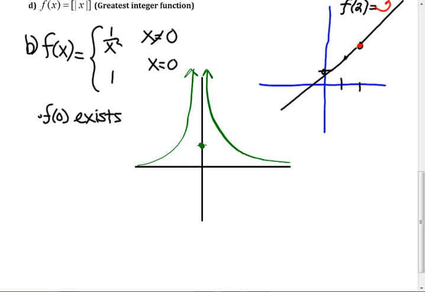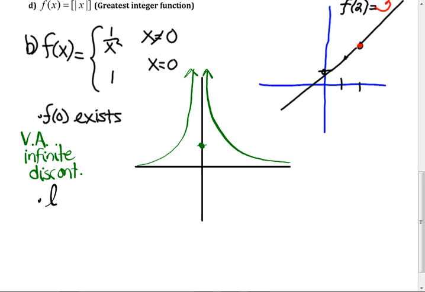What kind of discontinuity is that? I have vertical asymptotes, so it's an infinite discontinuity. Because what's true about the limit? The limit does not exist.